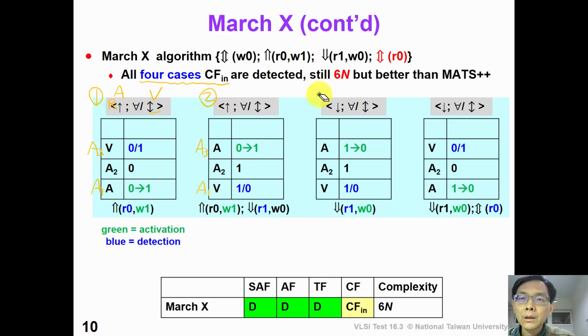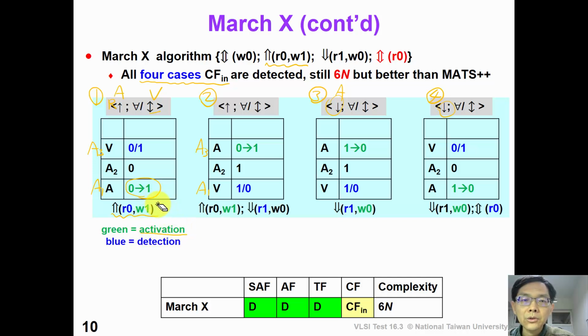Case 3 and case 4 are similar to case 1 and case 2, but now the aggressor is having a falling transition. Okay, let's look at case 1 first. For case 1, we can activate the fault in the second March element, where we write the aggressor to 1, and this time the fault is activated.